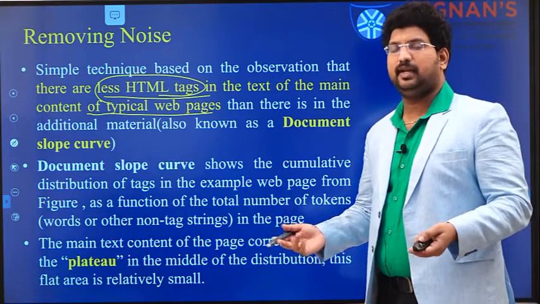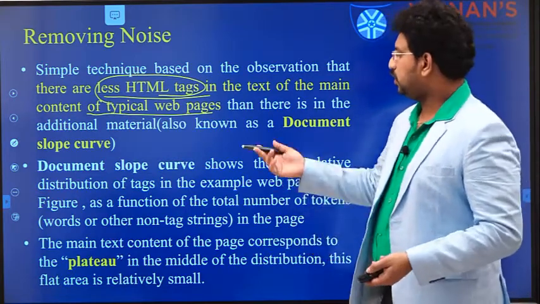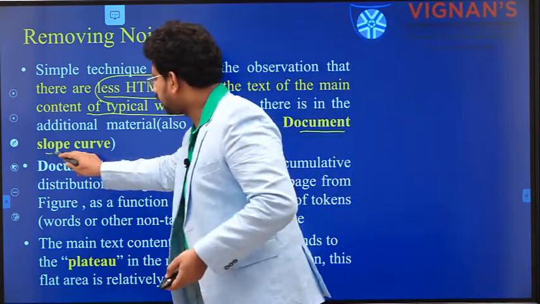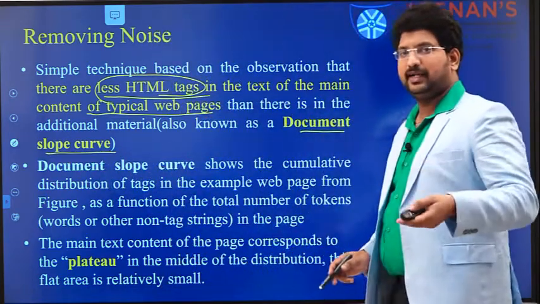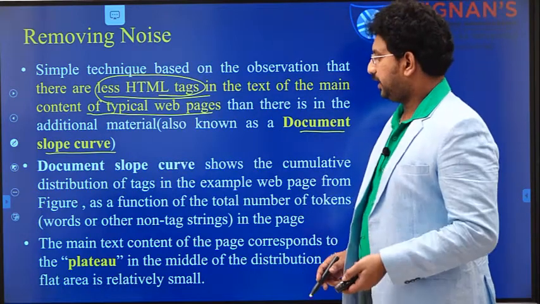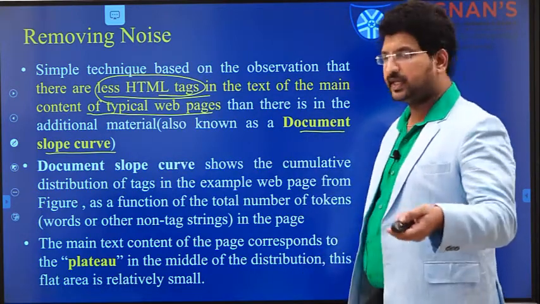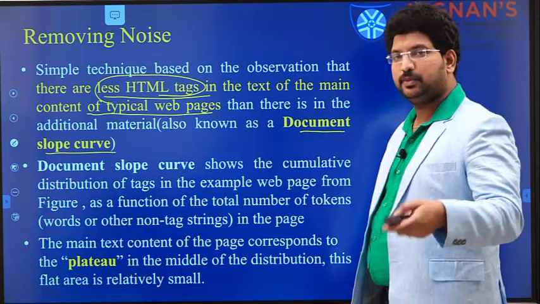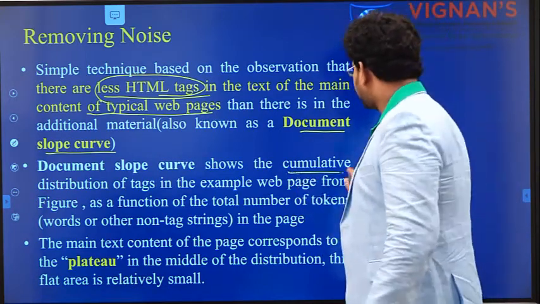The additional material is nothing but the noise. That's what we call the document slope curve. Going into some details about the document slope curve, it shows the cumulative distribution of the tags. So what is it representing?